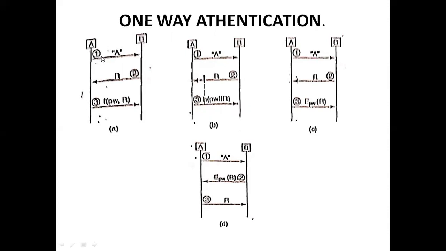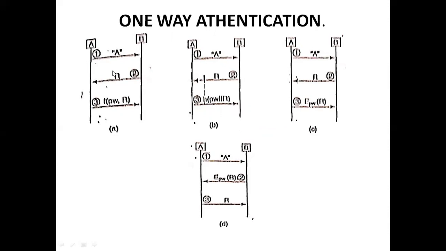Now what will A do? A communicates its identity A to B. B sends its nonce R to A. This is capital R. A nonce is a random number that has been freshly generated, and once the nonce is used, it cannot be reused again.